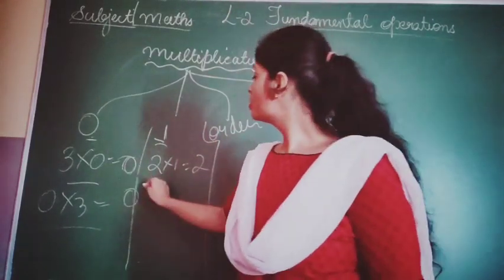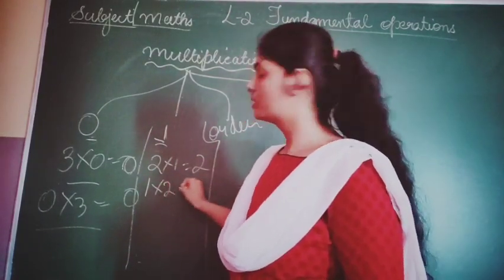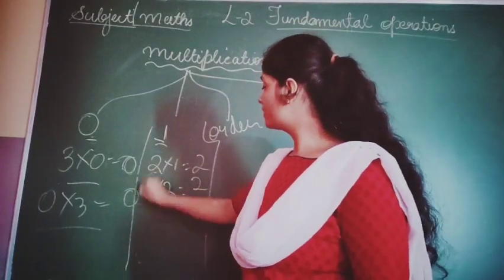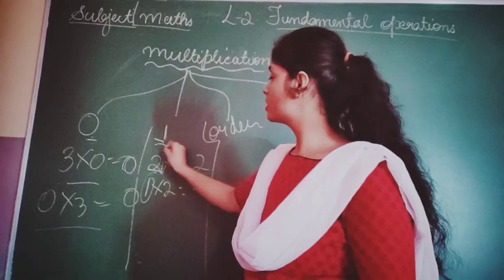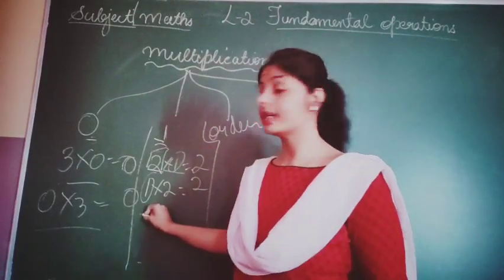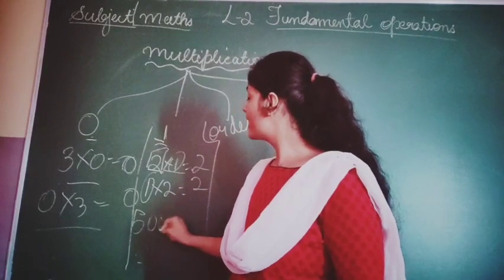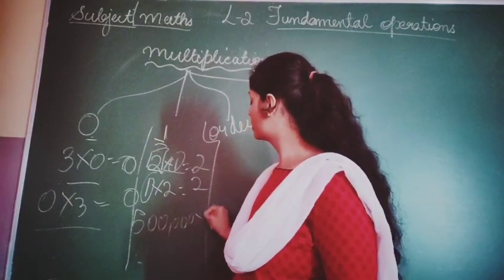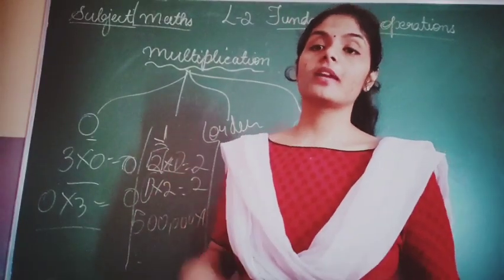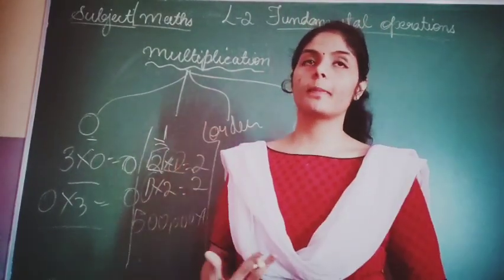Correct, no? 1 2s are 2. Same thing. Any number you multiply with 1, you get the same number you are multiplying. Or you can even multiply 5 lakh into 1 also. You get 5 lakh. Any number you multiply with 1 is the same number.